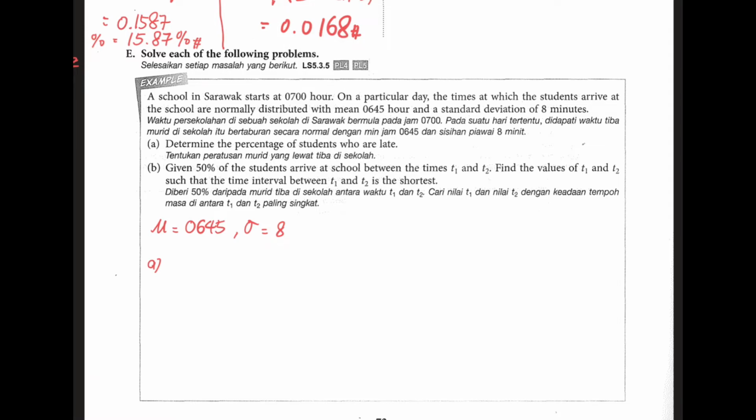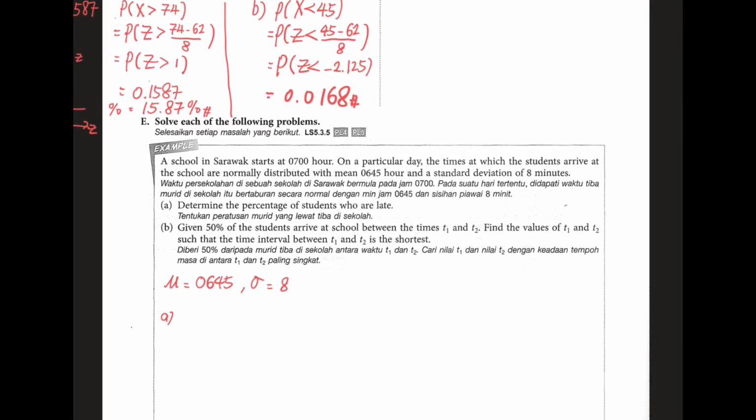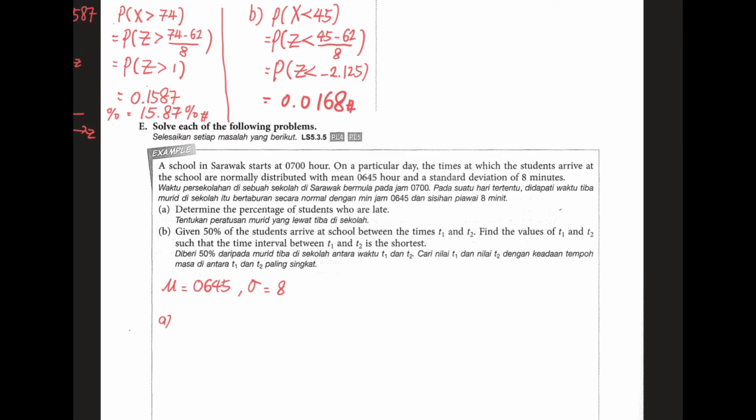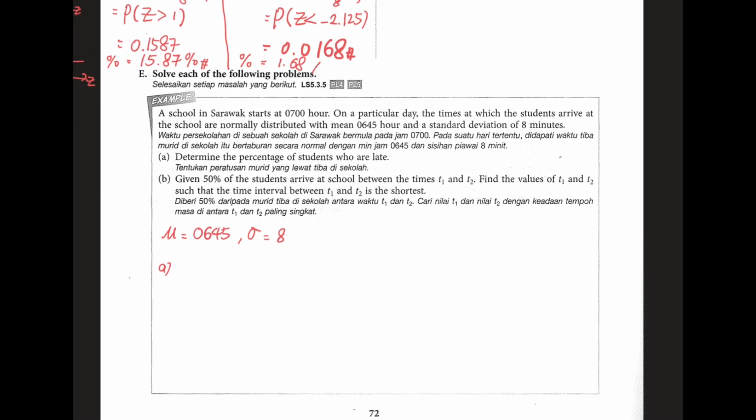Let's see what to do first. We look at A first. Determine the percentage of students who are late. When I see percentage, remember we have to change it to percentage after we found the probability.